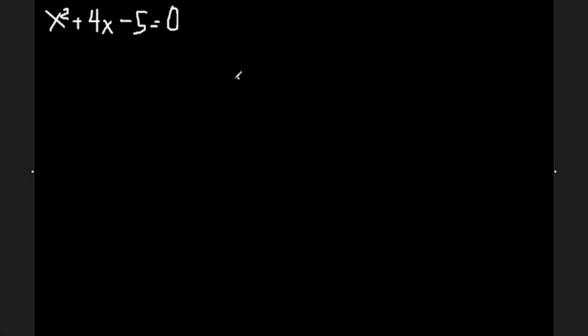We get x plus 2 equals plus or minus 3, since the square root of 9 is 3. Now what we have to do is transpose the 2 to the other side.